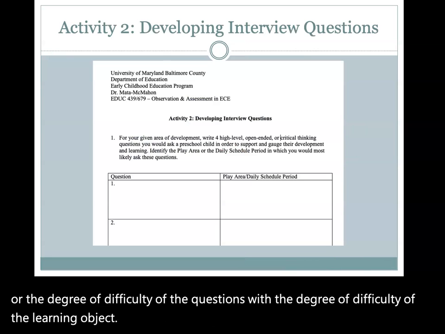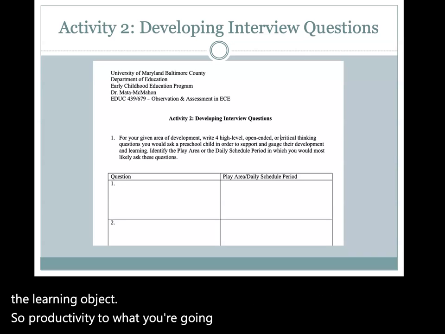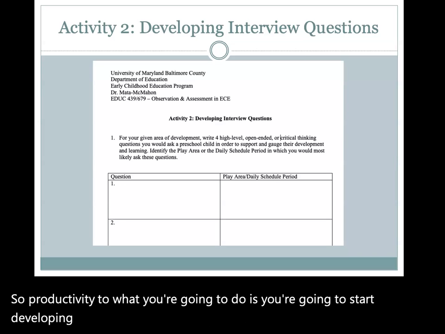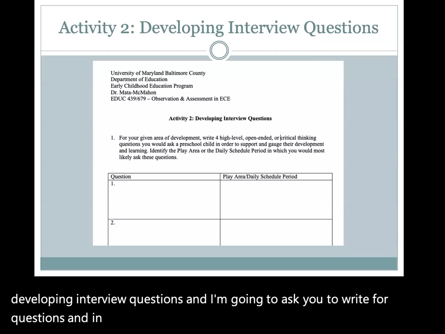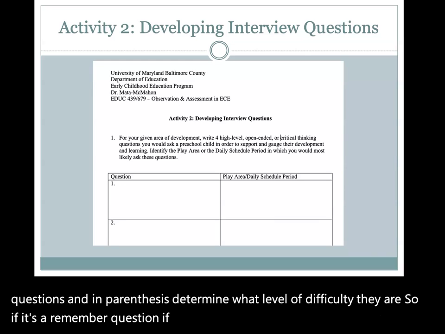So for activity 2, what you're going to do is start developing interview questions. I'm going to ask you to write 4 questions and, in parentheses, determine what level of difficulty they are. So if it's a remember question, a create question, an evaluate question, or so on, put it in parentheses.